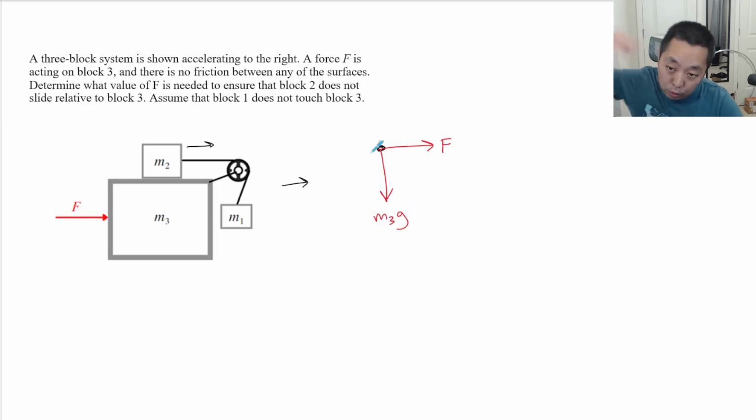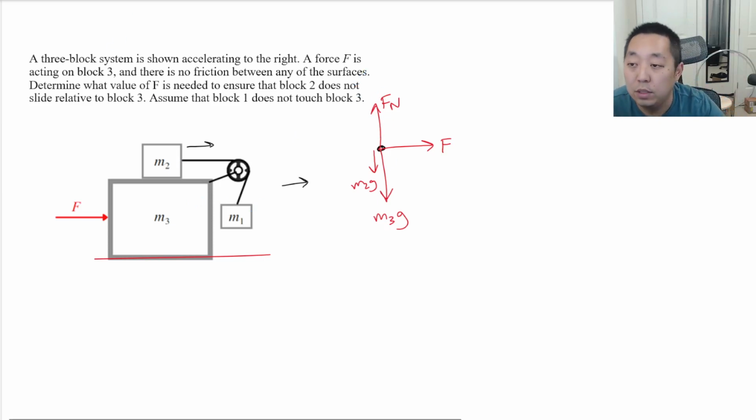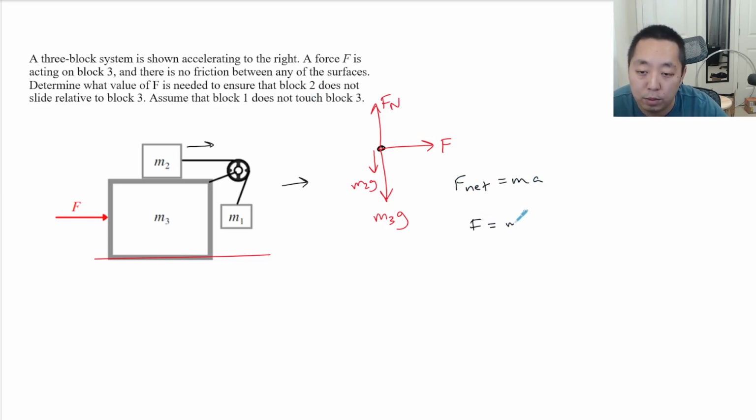Then I have M2 pushing down on it, M2g. And then I have some kind of normal force from the ground, like a table it's sitting on, that's holding it up. All you can see is the vertical forces cancel because the thing is not accelerating up and down. So the net force, which equals ma, gives F equals M3a.